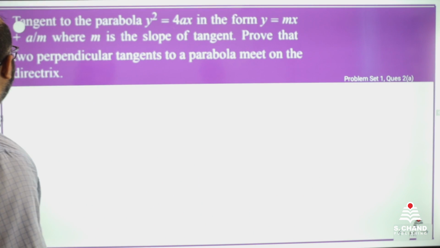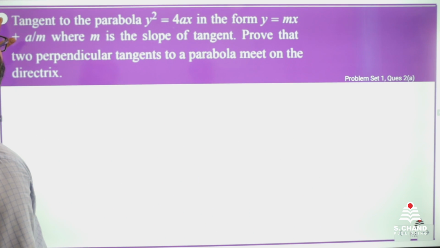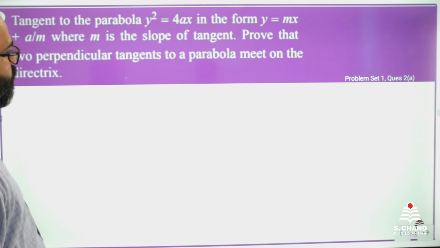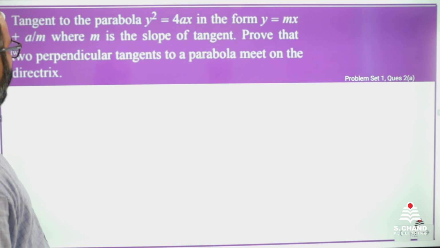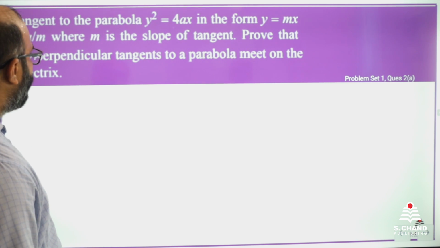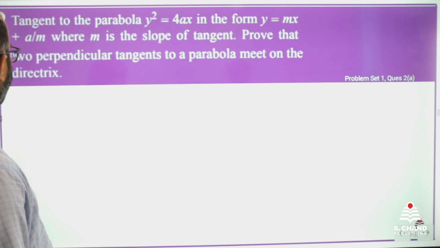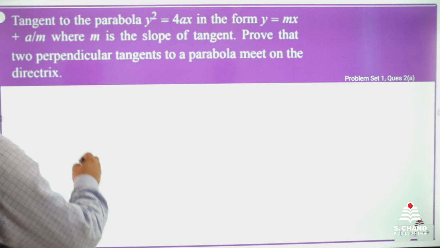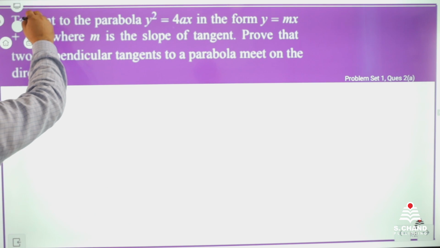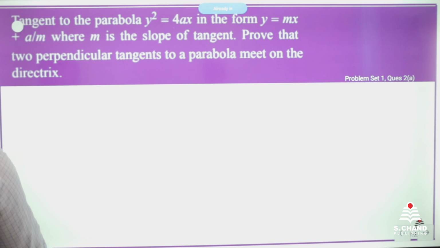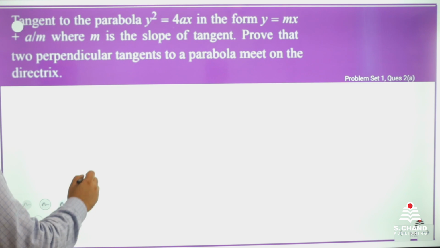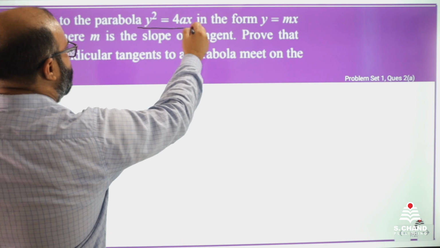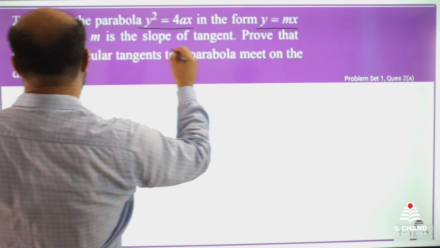This is the first question which says the tangent to the parabola y square equal to 4ax is in the form y equal to mx plus a by m, where m is the slope of the tangent. Prove that two perpendicular tangents to a parabola meet on the directrix. So what we have to do here is see that this is a parabola and this is the tangent to the parabola.